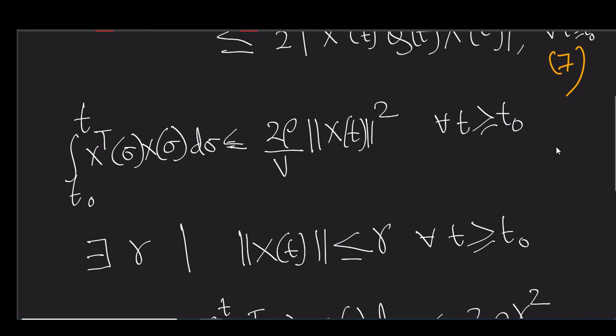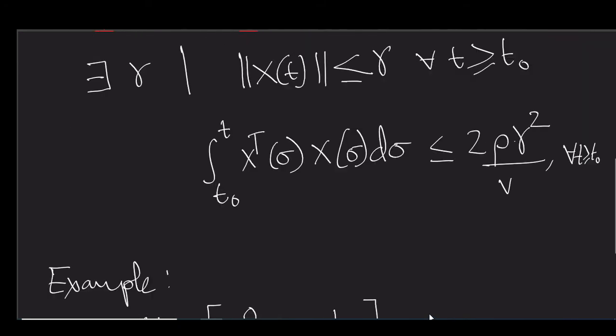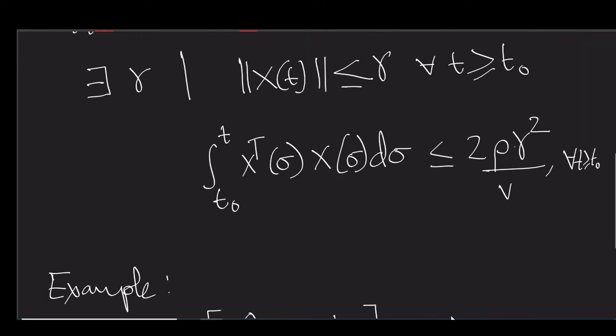So suppose there exists a positive, finite constant gamma, such that xt is less than or equal to gamma for all t greater than or equal to t naught. Let this be our equation 8. From equation 8, you can write that this is less than or equal to 2 rho gamma square by v for all t greater than t0.